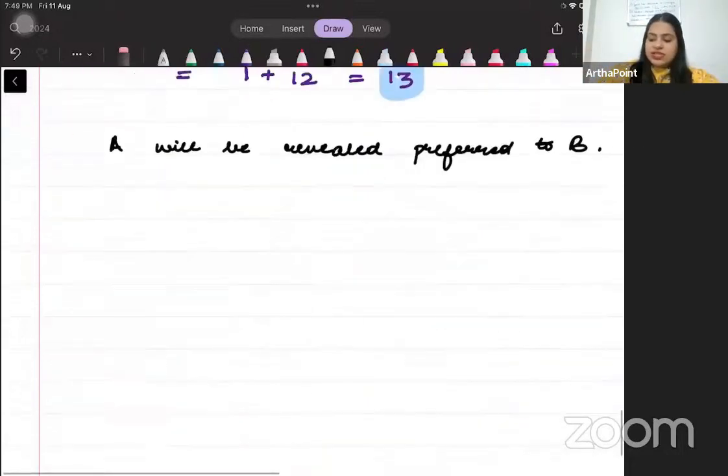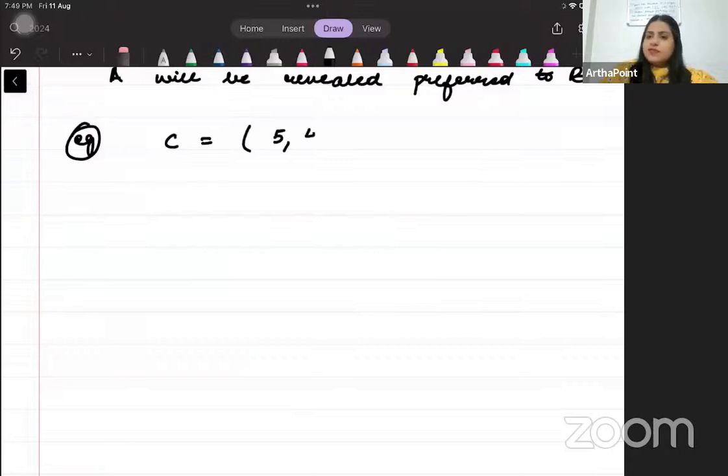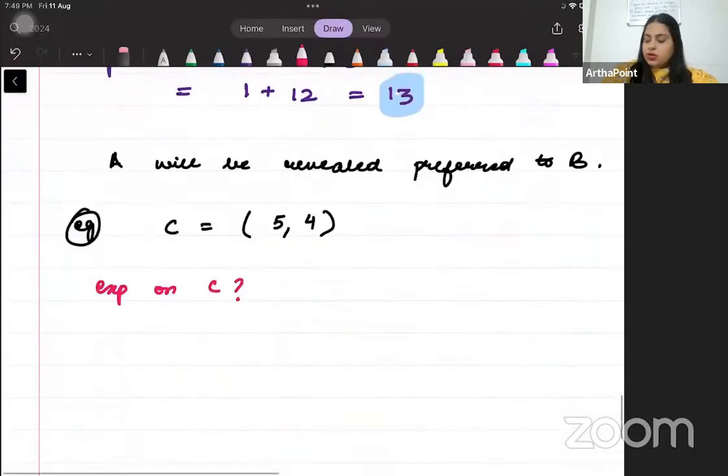Take another example. इसी को continue करते हैं. Suppose I ask you, what about bundle C? And bundle C is 5, let's say 4. What would be expenditure on C? My prices are given to me as 1, 4 na. So prices are 1, 4.